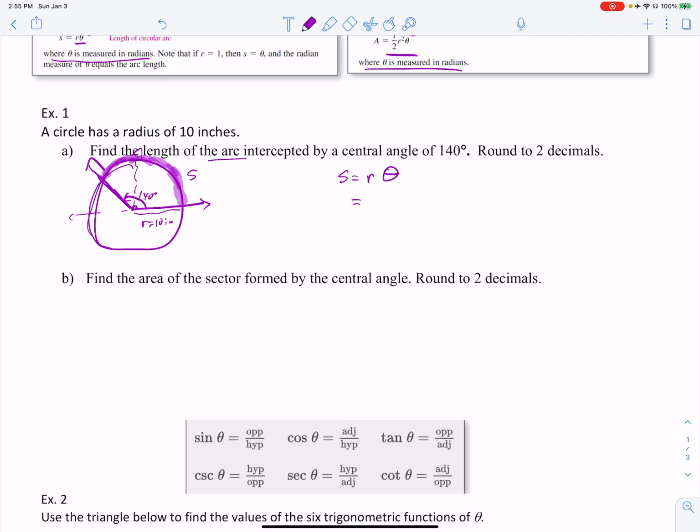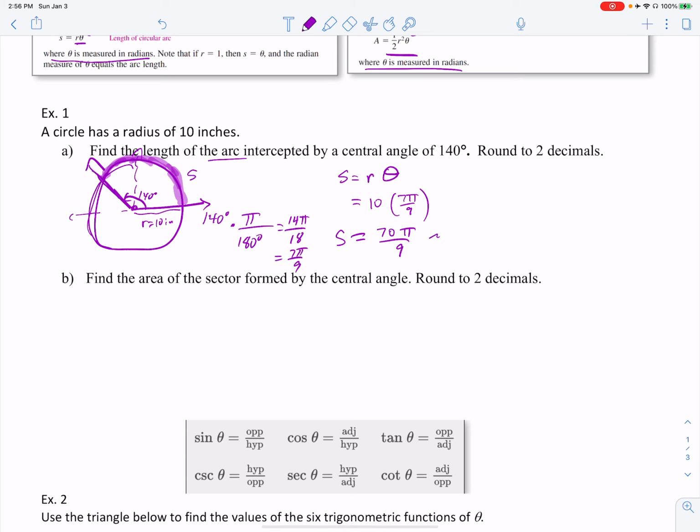But I need to change theta of 140 degrees to radians, and there are pi radians per every 180 degrees. That becomes 14 pi over 18 radians, which is 7 pi ninths. So we take the radius of 10 inches times the angle in radian measure, and that arc length is 70 pi ninths inches exactly.